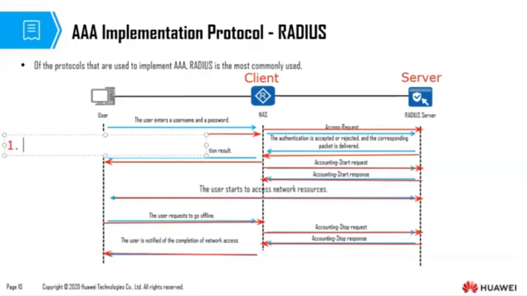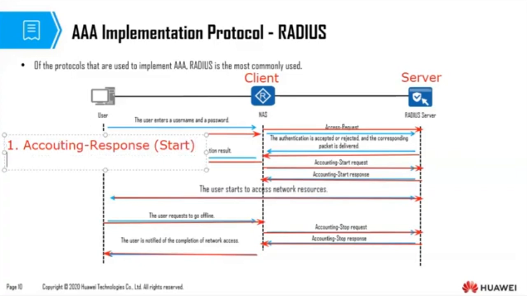So here we've met 4 protocol packets. The first one is called the accounting response start. The next one is called accounting response stop packet.